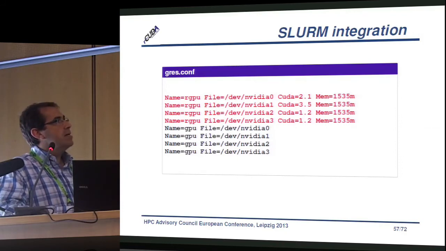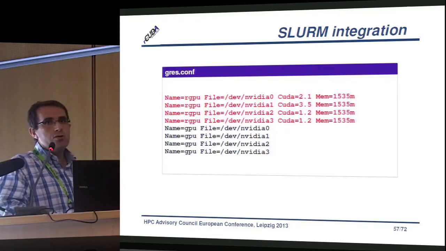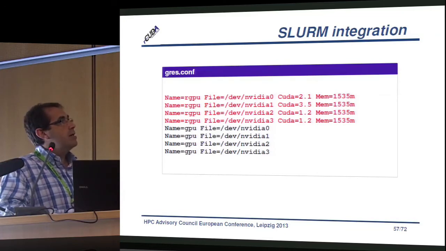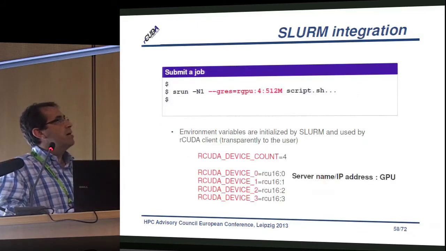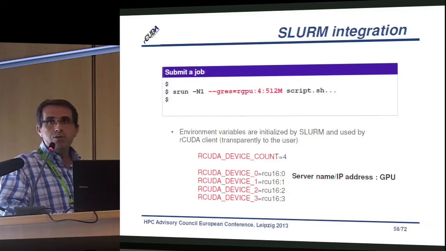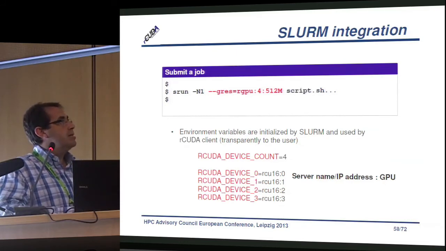We have specified the memory of these remote GPUs because at the moment we can share one GPU between several jobs until all the memory of the GPU is used. Then, when we want to run a job, we only have to tell the SLURM job scheduler how much GPU memory we need for our execution. There is a set of environment variables that will be used by the remote CUDA client in order to send the information required for the remote GPU execution. This is completely transparent to the user.